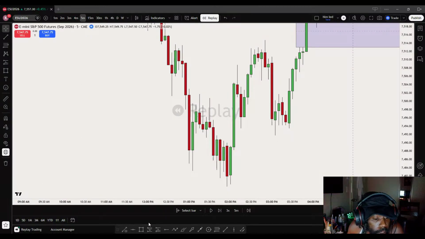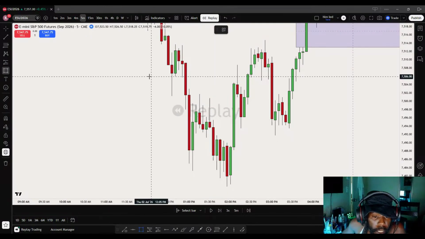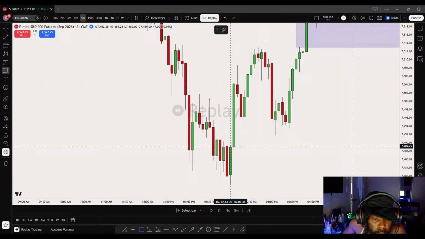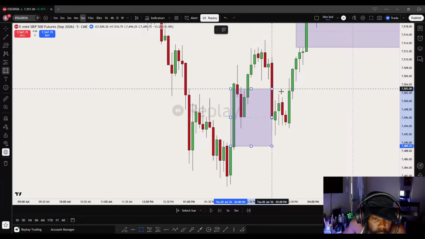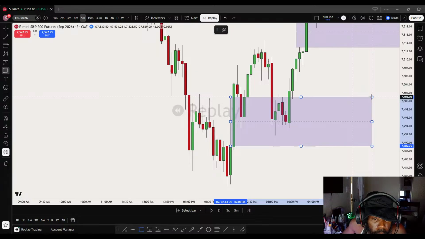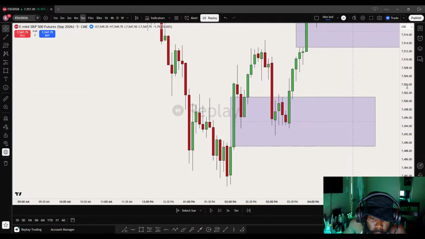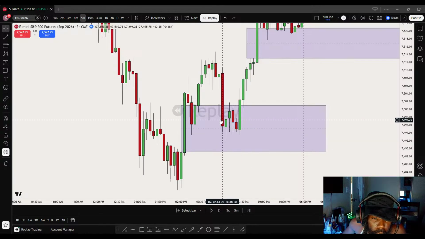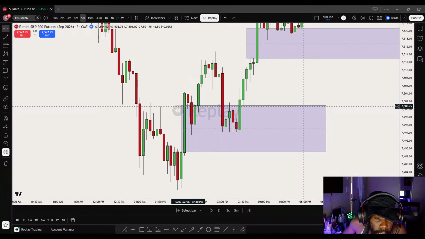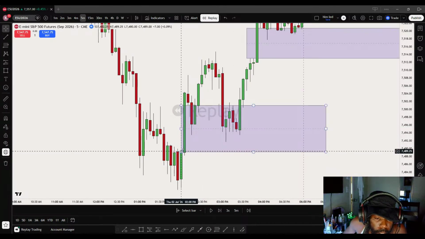Let me actually draw a rectangle around that, right? So if I draw a rectangle from here to there, okay. We got our fair value gap, right?